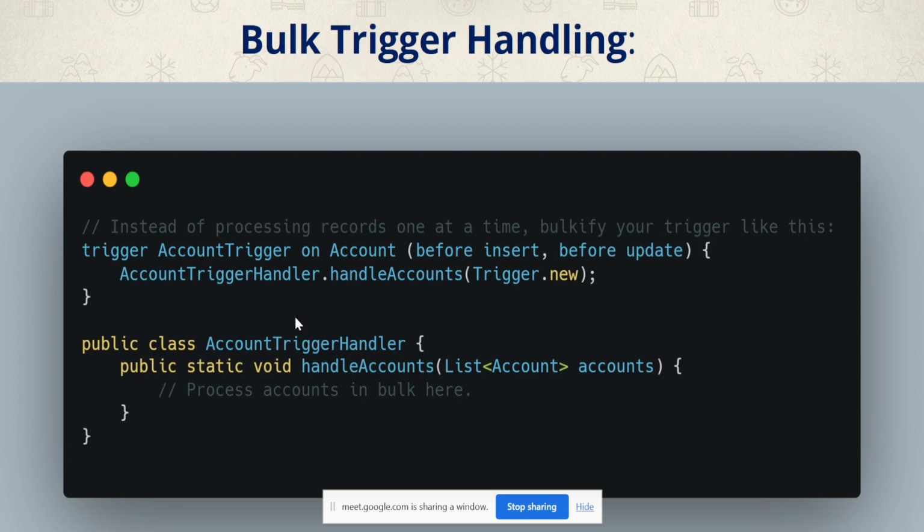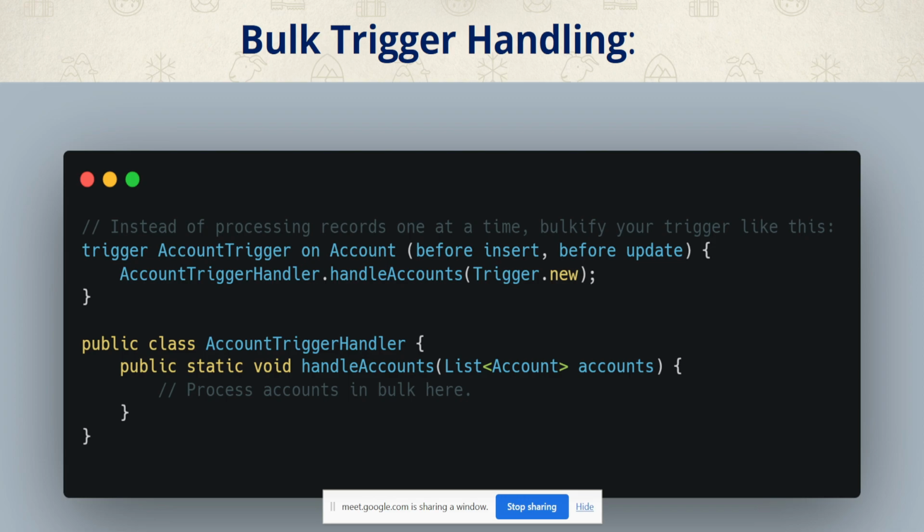It means an end user can easily recognize that this class is for this trigger. Use a list, set or map based on your requirement, and always make your code bulkified.